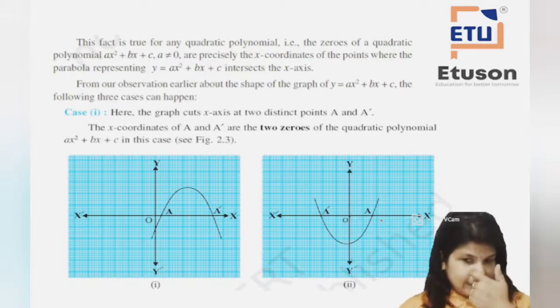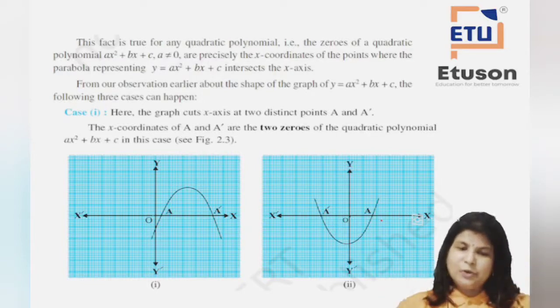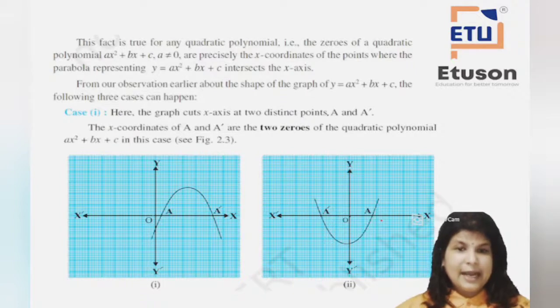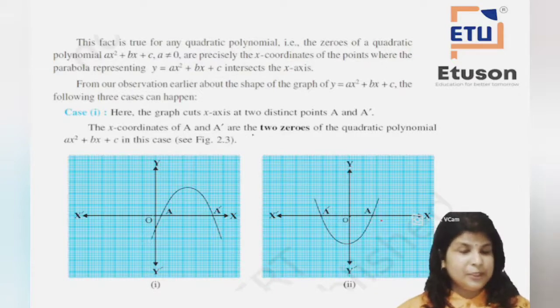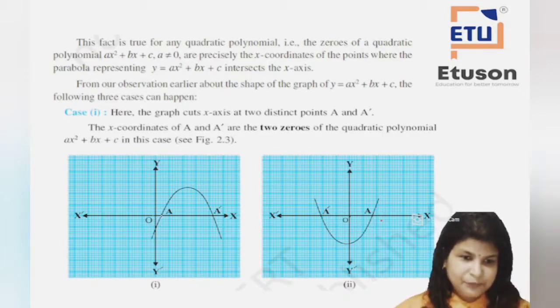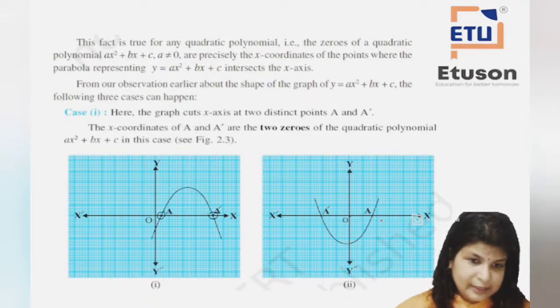So the first case. Here also you have 2 cases. One is downward, another one is upward. Here, as you can see, the graph cuts the x-axis at distinct points A and A dash. So if it is intersecting at 2 points, the polynomial has 2 zeros. Here is the downward parabola, with one point here and another point here.